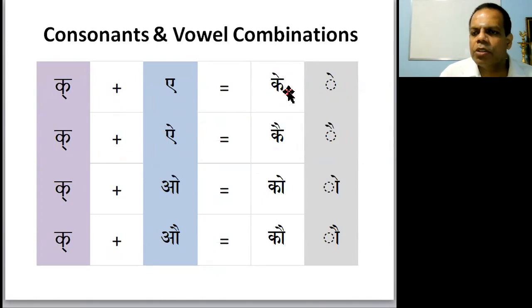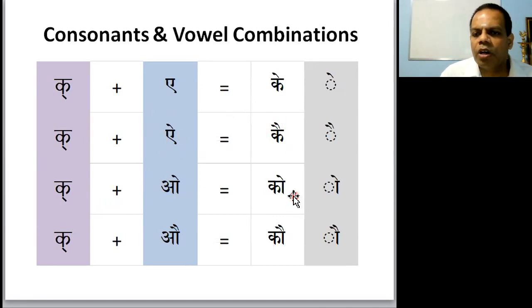Sometimes there is confusion because e has one horn here. Sometimes people may confuse the ke as kai. Just make a note that only in the case of e, there's only one, but in all the other consonant vowel combinations, you will always see two ears or horns, whatever you want to call them. Kai. K plus o is ko.